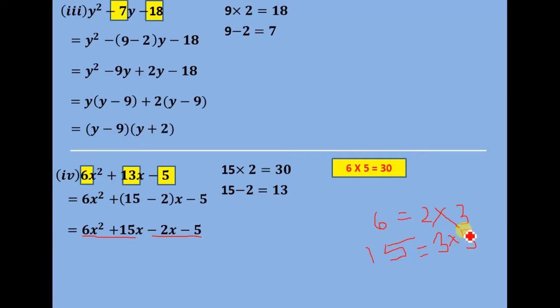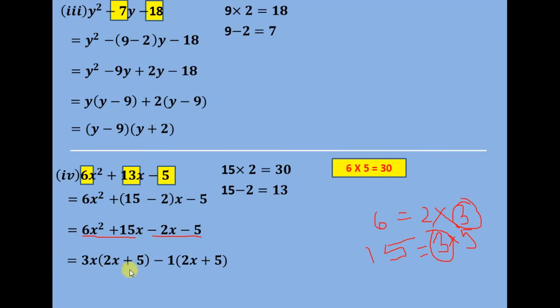So what is common over here? Common is 3, and from the variables common is x. So when I take 3x common out, it's 3x into 2x plus 5. When I take minus common out, from 2x minus 5, the minus changes into plus, plus 5.